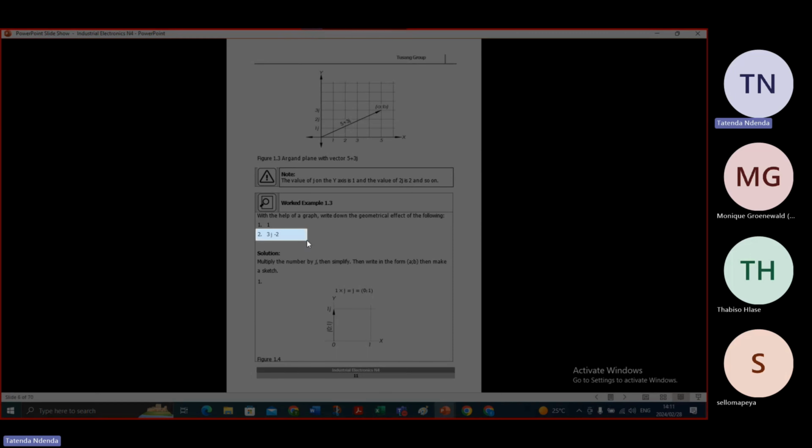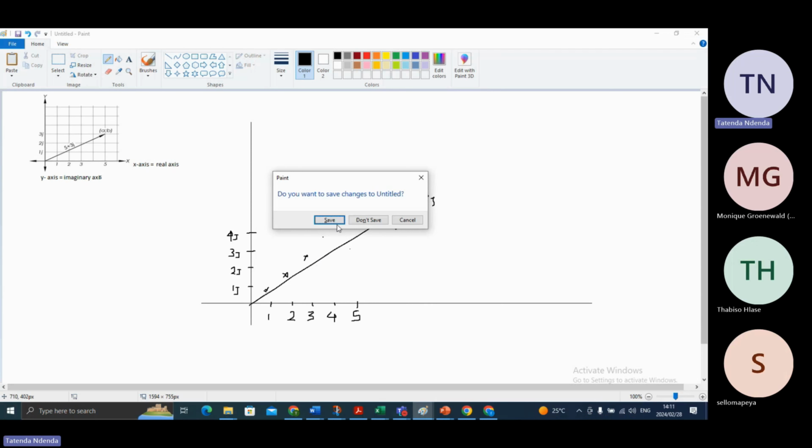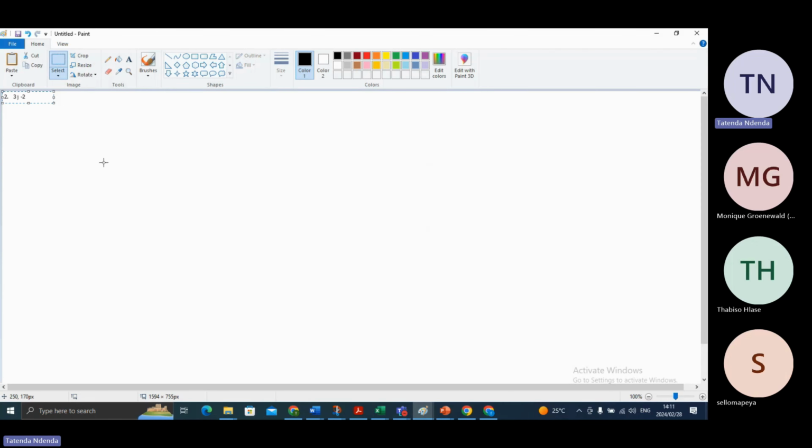So we want this number here. So we are having a number written as 3j minus 2, like this, right?